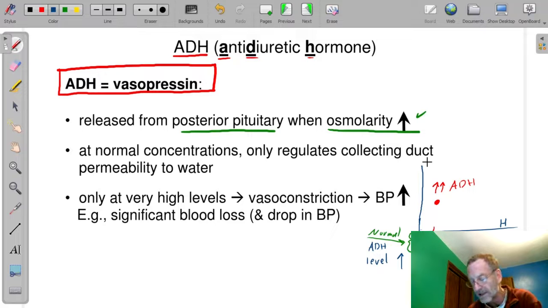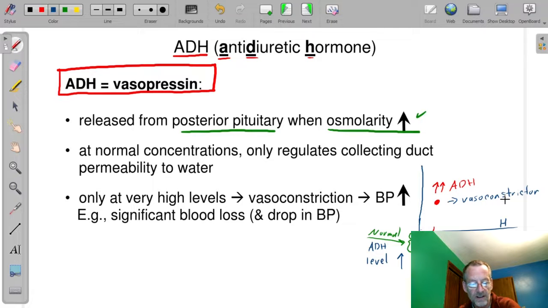Now ADH, in addition to targeting the collecting duct and reclaiming more water, also acts as a vasoconstrictor. And that's where it gets the name vasopressin.